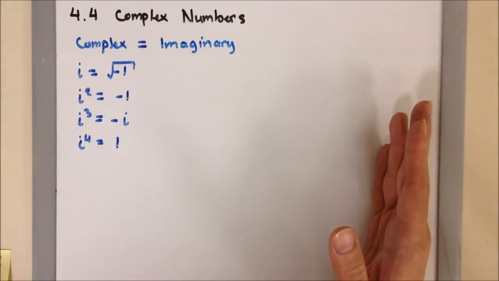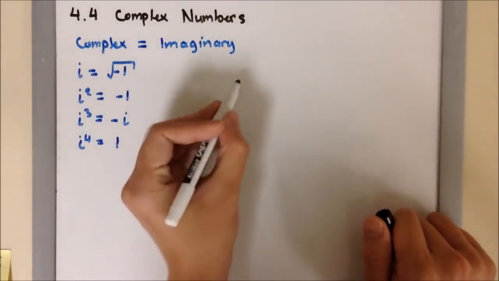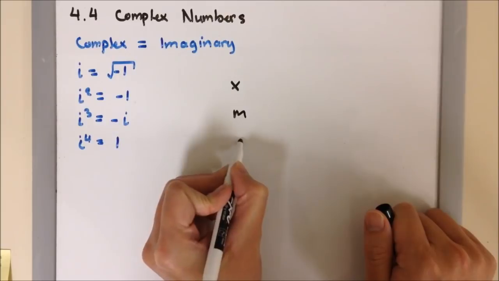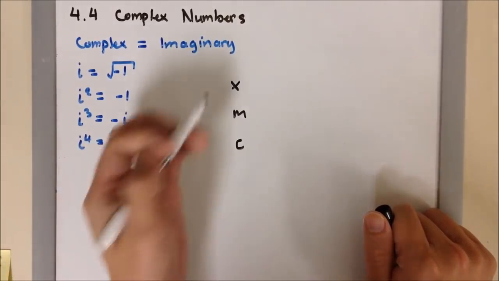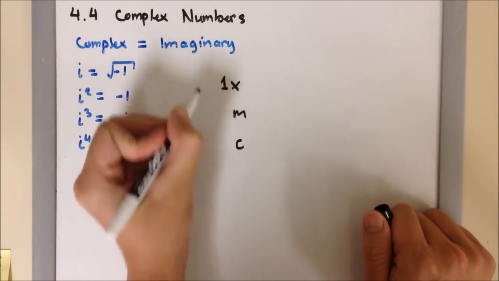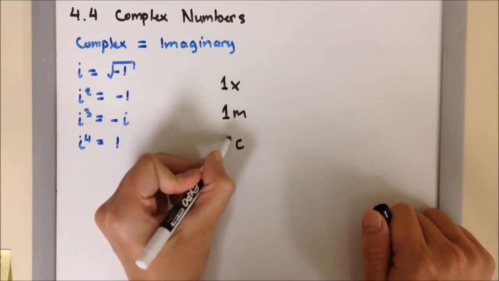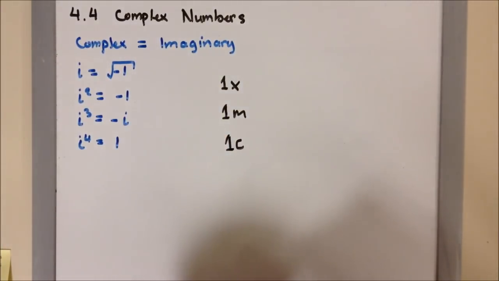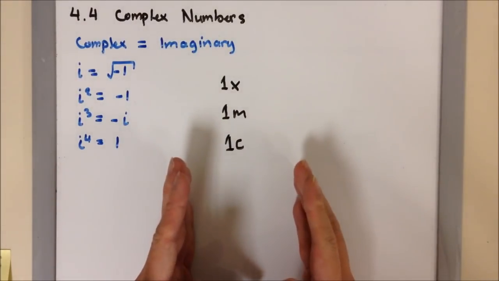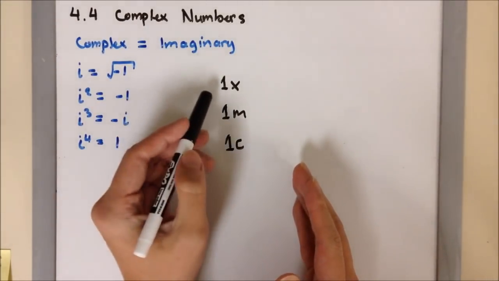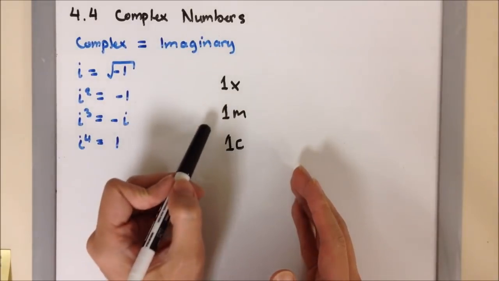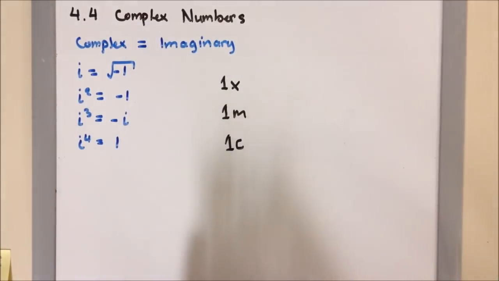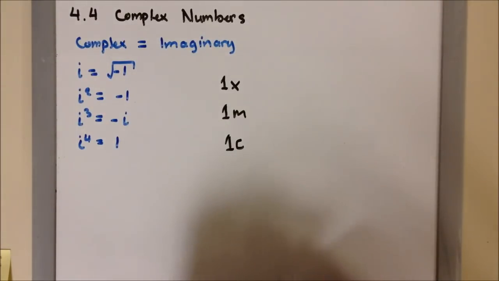For example, if you had just x by itself, or m by itself, or c by itself, I always say that there's an invisible 1 in front of the variable, stating that there's one x, one m, and one c. Most would say it's an imaginary 1 in front of x, m, and c. I was like, no, that's not the case.